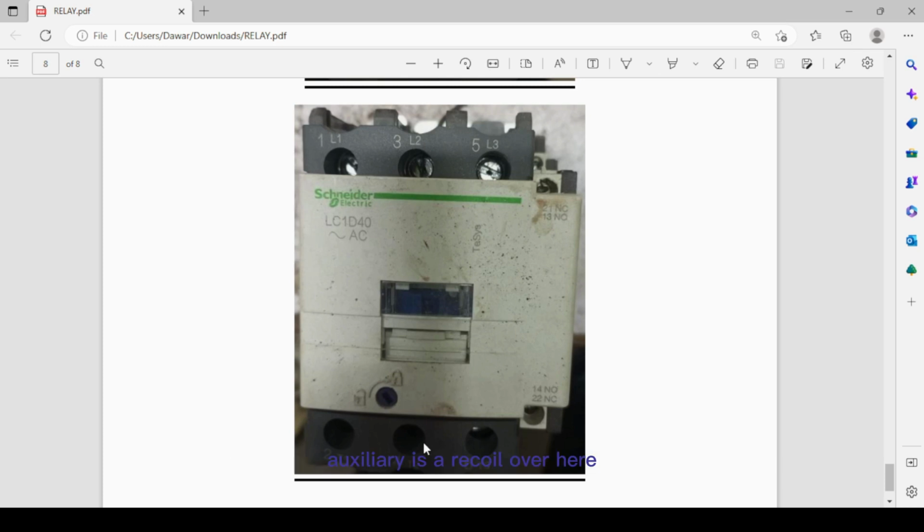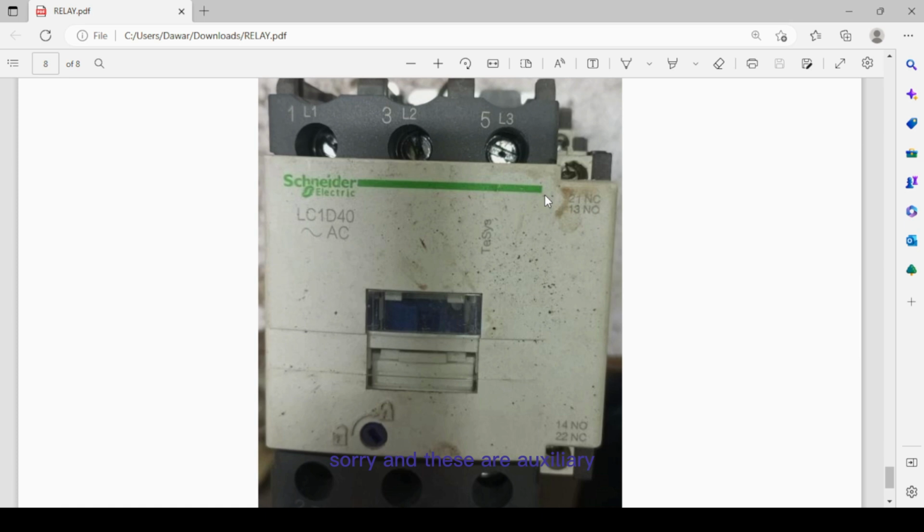The auxiliaries and relay coils are hidden over here, sorry, and these are auxiliary. 21 is above, and this is 13. The same here, 14 is above and 22 is down. So we identify the contact and auxiliary information.